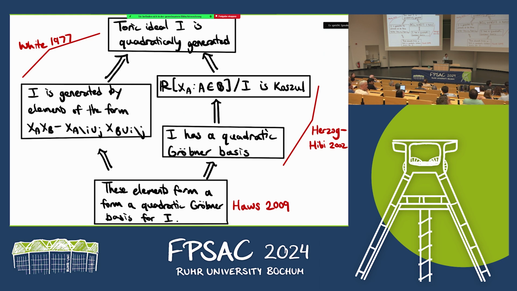I have a question. You have a triangulation. Do you have any combinatorial interpretation for the simplices of the triangulation in terms of the matroid itself? That's a good question. I would say no. It depends on what your definition of a combinatorial interpretation is.